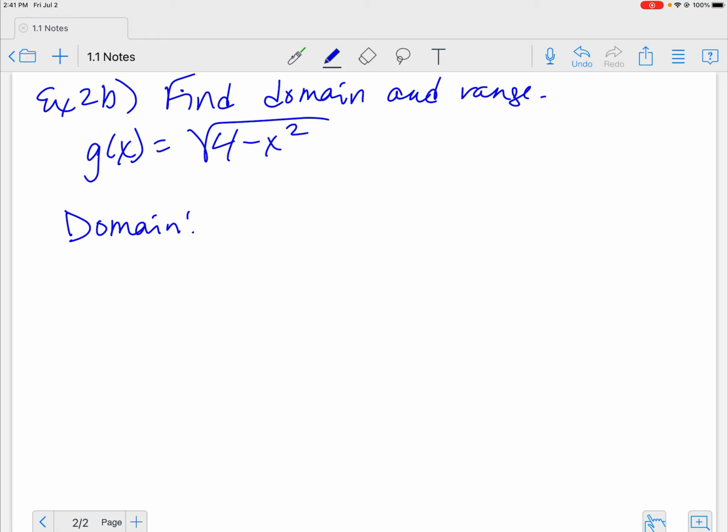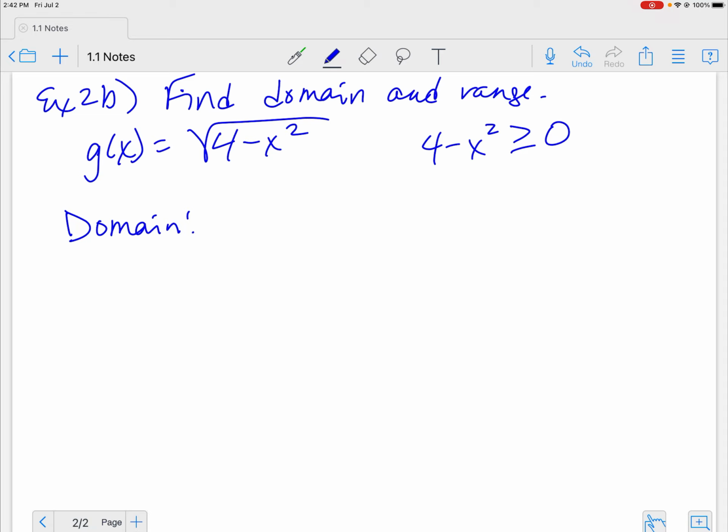So when I'm thinking about my domain, I cannot have a negative under the radical. 0 is legit. So I have to say 4 minus x squared has to be greater than or equal to 0, because the square root of 0 is 0. That's legit.